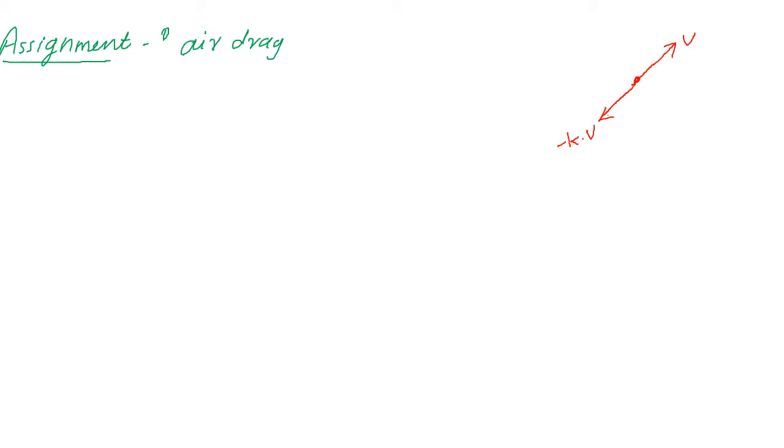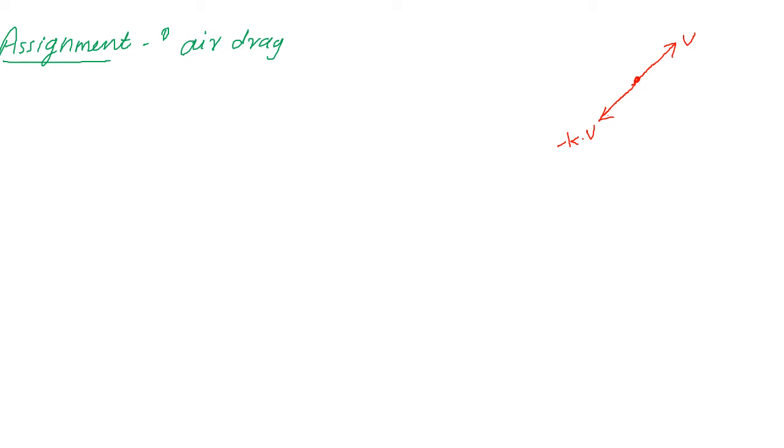Okay, there is one more assignment. So we have to consider air drag. Okay. So when the body moves through air, say with some velocity like this, it will experience a force minus some constant into v in the opposite direction.